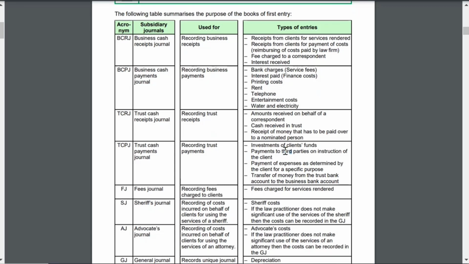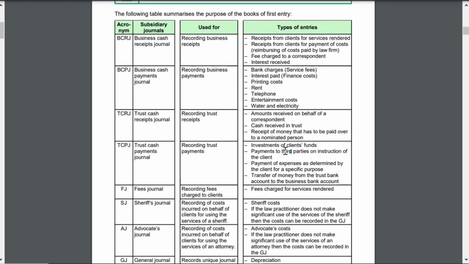So when you look at the trust cash payment journal, the examples would be investment of client's funds, payment of third parties on instruction of the client, payment of expenses as determined by the client for a specific purpose, transfer of money from the trust bank account to the business bank account.